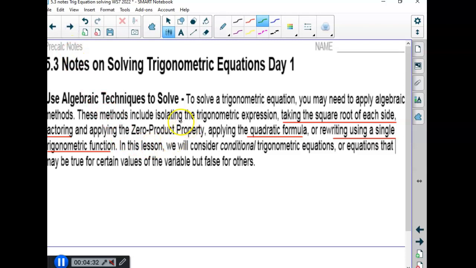All right, so the algebra techniques we're going to use today include isolating the trig function, like solving for a cosine or something, taking the square root of each side, factoring, and applying the zero product property. What is the zero product property? Anybody know?